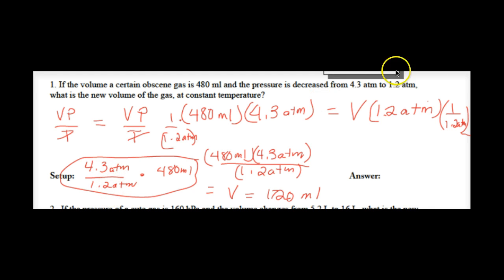So you've decreased the pressure by about 3.5 times, and doesn't it make sense that your original volume was 480, and now this new volume is about 3.5 times bigger? So it makes sense because you made your pressure 3.5 times smaller, so then your volume became 3.5 times larger. So there's that inverse relationship in play.